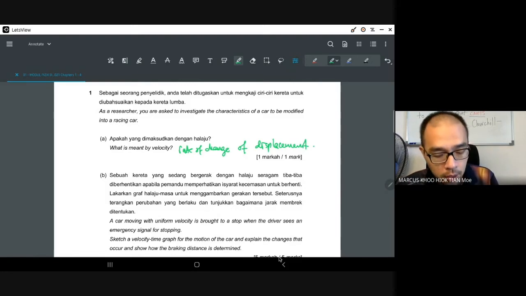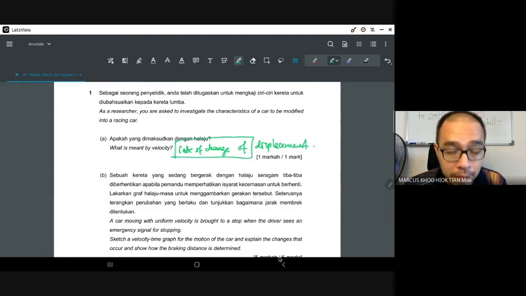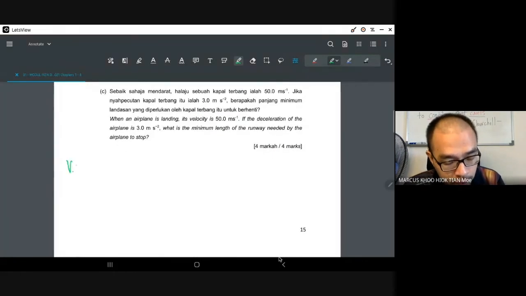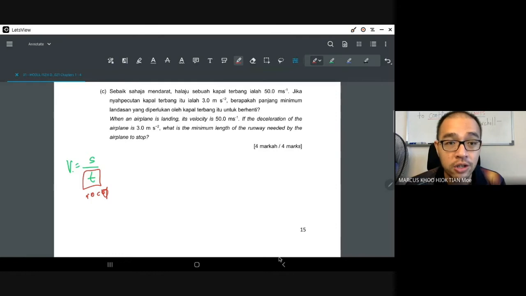The words rate of change of come from the formula for velocity, which is displacement over time. Over time, in definitions, we always call this the rate of change of. So if it is the rate of change of displacement, that will be velocity.